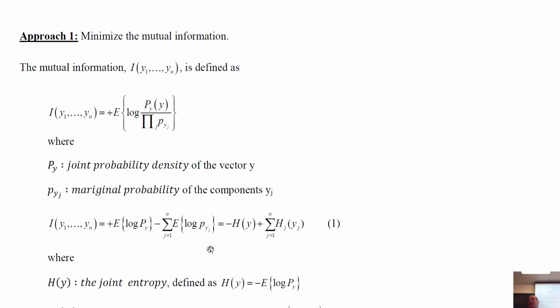So it really becomes a difference between two quantities called entropies, which is a measure of uncertainty. Entropy is the mean, or average, information. So it's the difference between the entropy of the whole vector and the sum of the entropies of the marginal components.